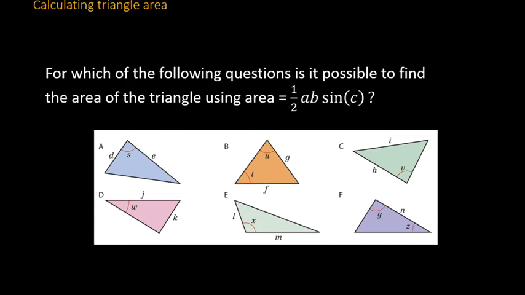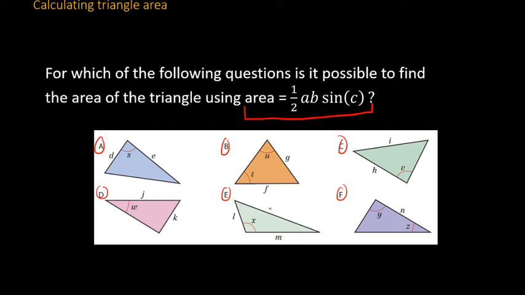So, brain check here. Let's just say that you were looking at these problems. How would you know whether you have enough information to answer them? In other words, for which of these following questions, which are labeled A, B, C, D, E, F, for which of these is it possible to find the area of the triangle using that method we just used where area equals 1/2 AB sine C?